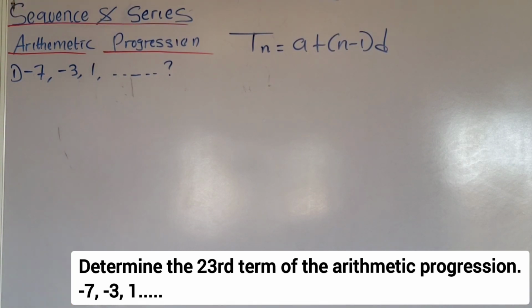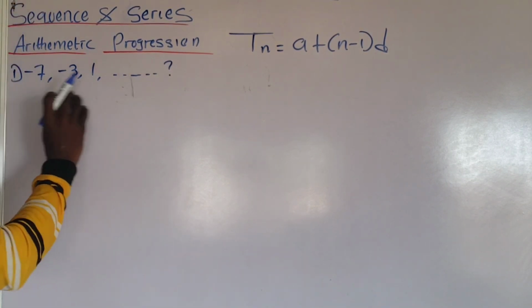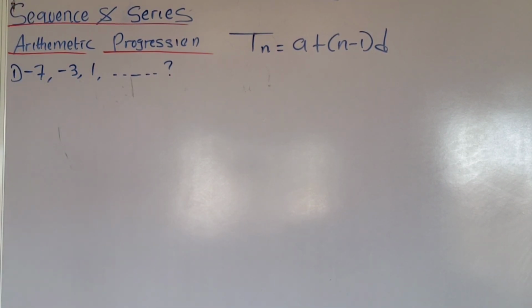Now, the d is the difference between successive terms. When we talk about successive terms, those are the terms that follow each other. They are also called consecutive terms.